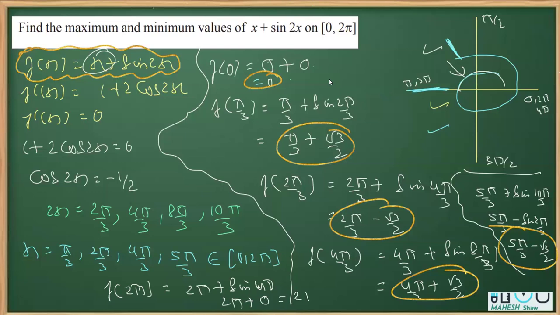So we'll say it's 2 pi. So these are the values obtained. I can see this is 1, 2, 3, 4, 5, 6.